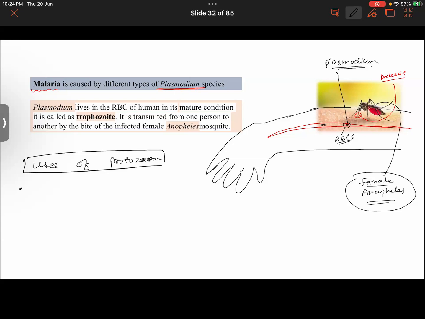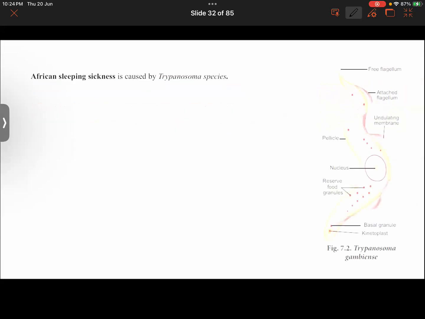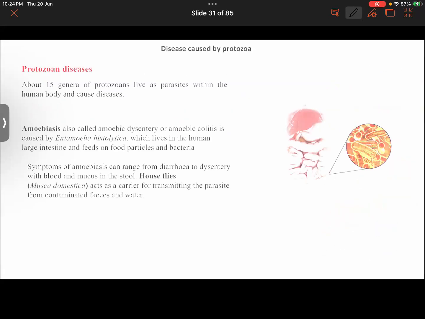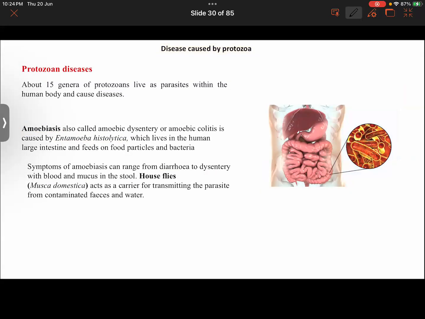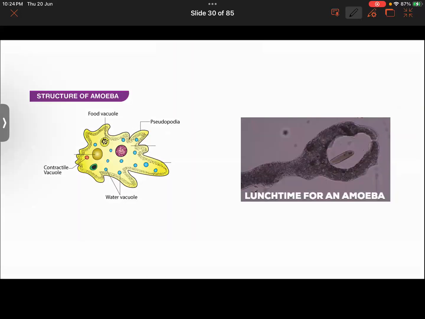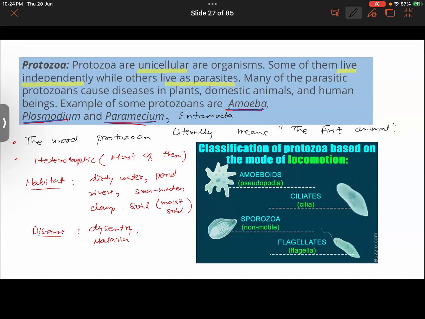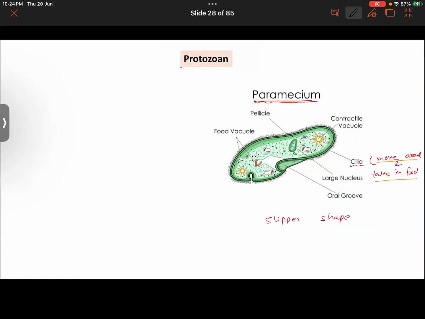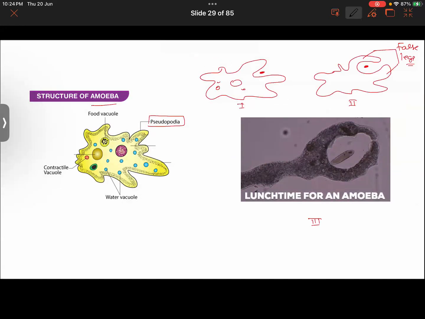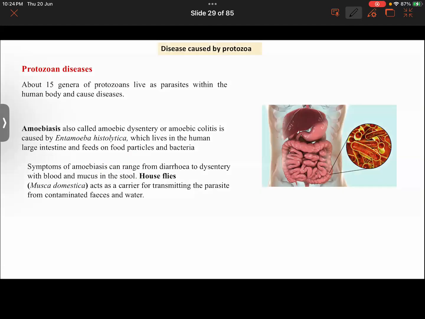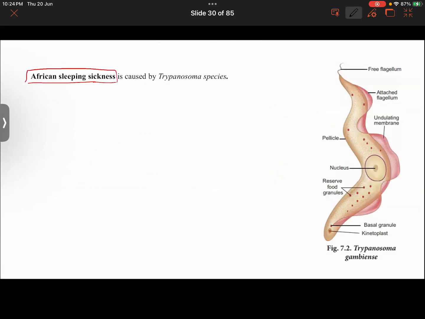Some of the free living protozoa, meaning those that live independently, like we learned in the beginning, living alone, are an important source of food for the aquatic organisms.